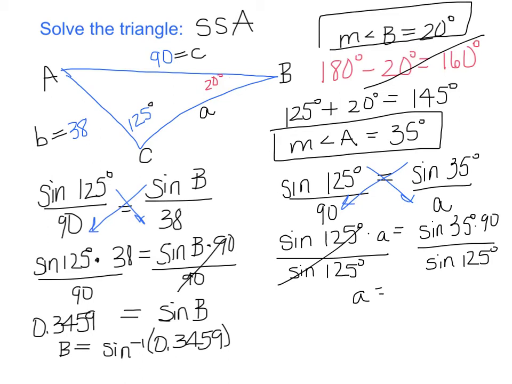And you're going to get that A is 63 units. And there we have solved a side-side-angle triangle. All right, let's try one more where you do get that. It's called an ambiguous case.